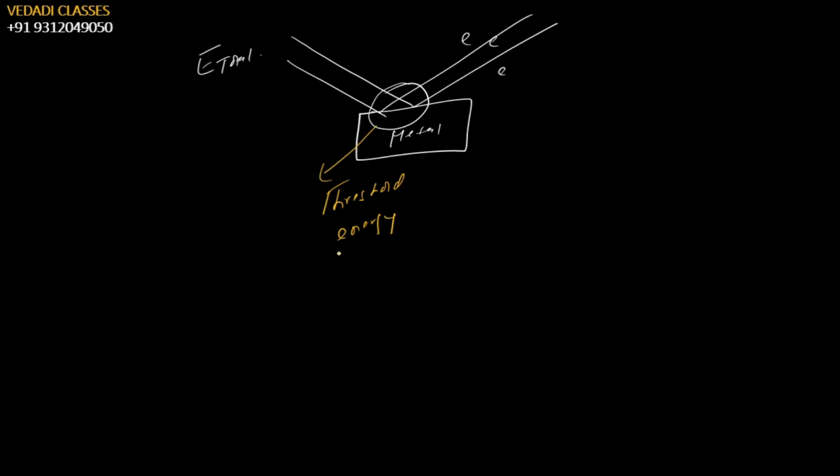The rest of the total energy remains with the electron in the form of kinetic energy. So we can write E total is equal to E naught, the threshold energy, plus kinetic energy.